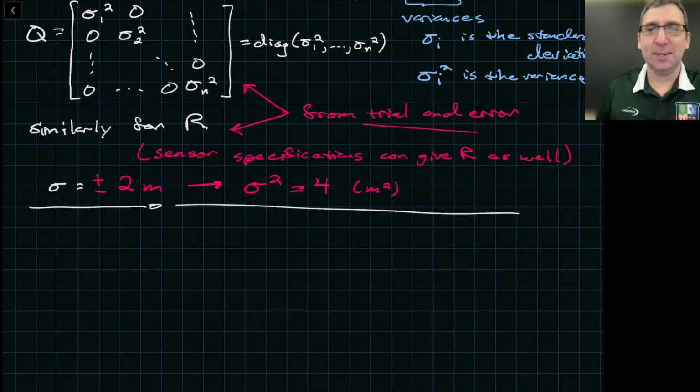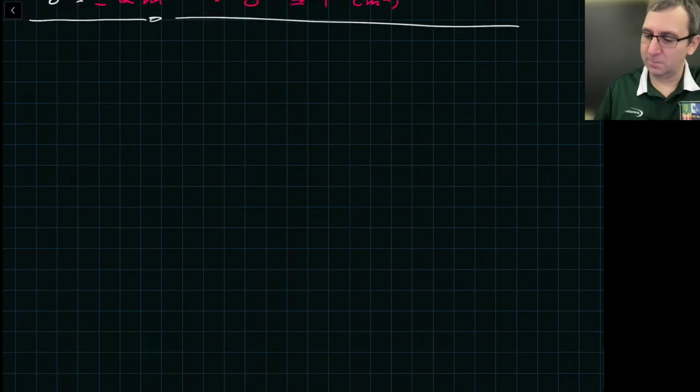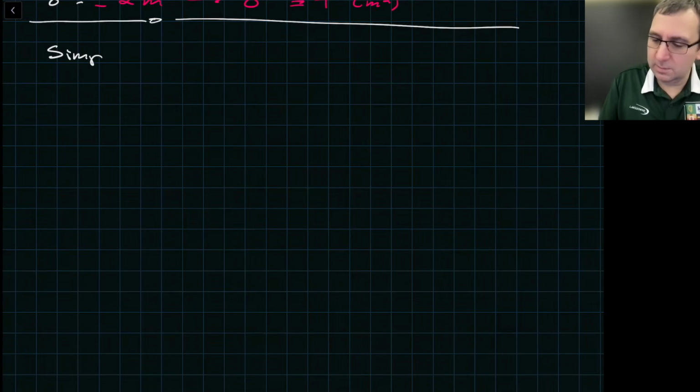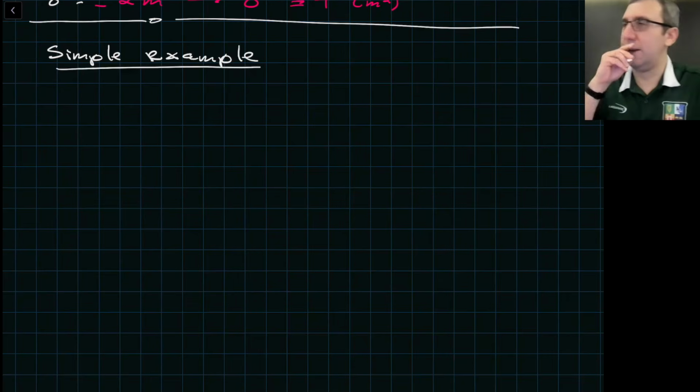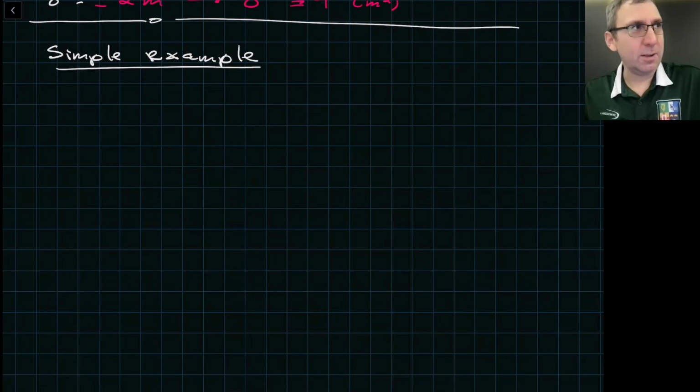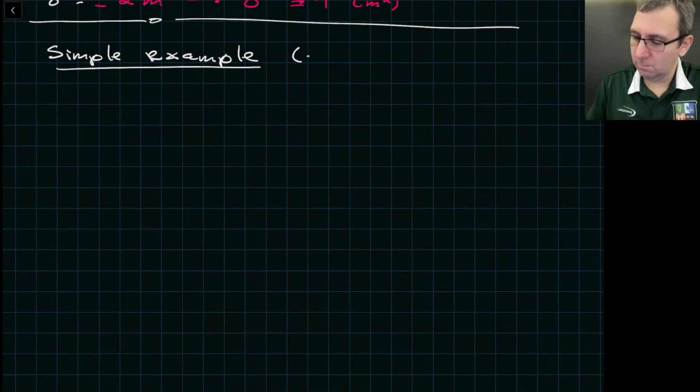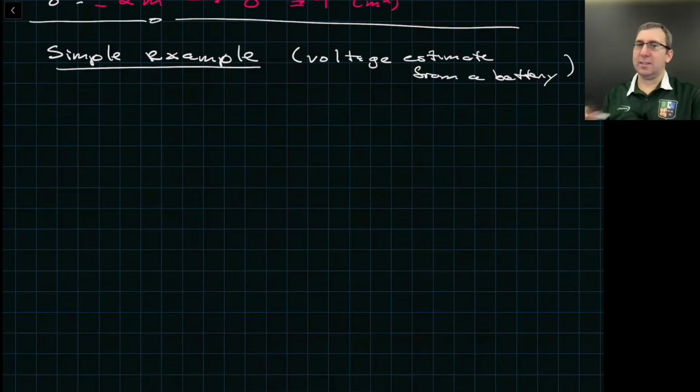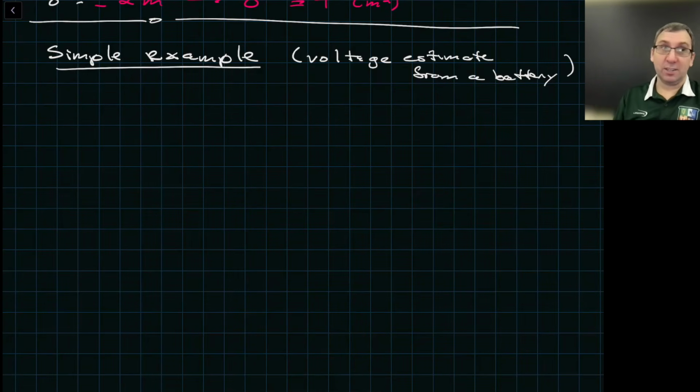All right. So let's look at a simple example. I'll use the voltage example that we did last time, where we calculated the average in a recursive way, a voltage estimate from a battery. And we expect that, just like last time, the voltage is a constant.